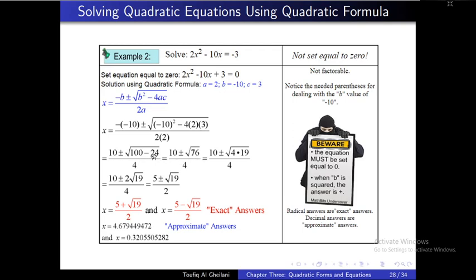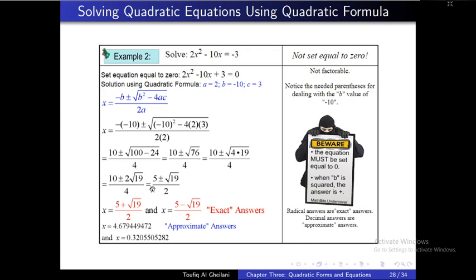Because 100 minus 24 will give me 76. Divided by 4, equals 10 positive or negative, because I write 76 as 4 times 19, so the square root of 4 is 2, so it will be 10 positive or negative 2 square root of 19, divided by 4. How does 2 come? Because the square root of 4 is 2.